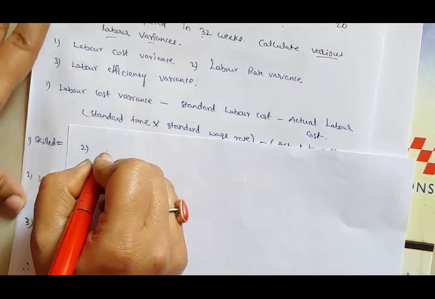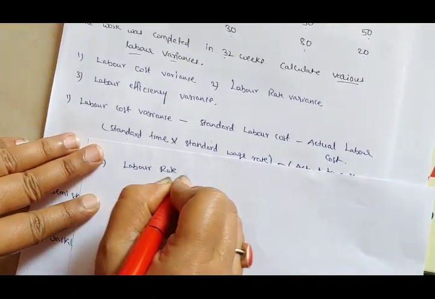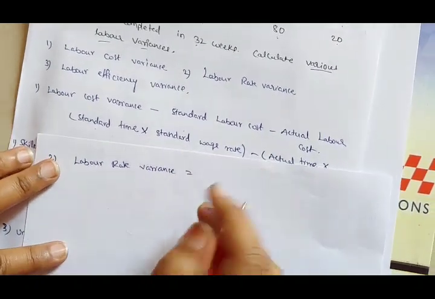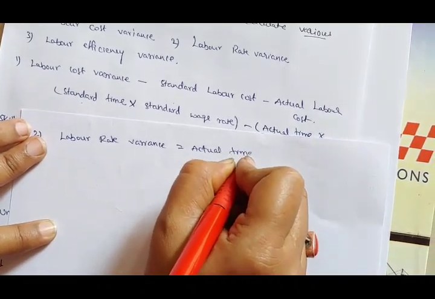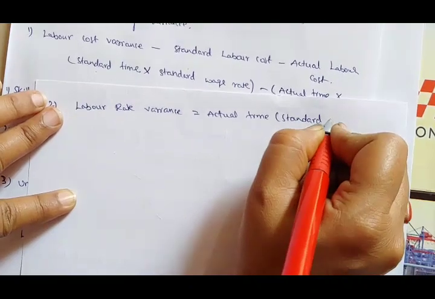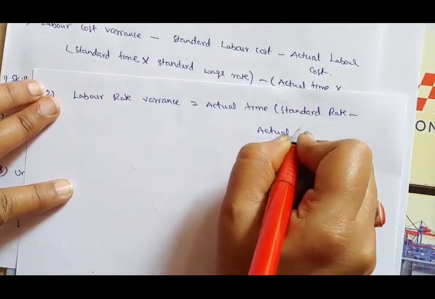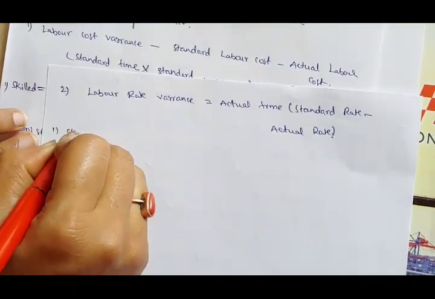Next we have to calculate the labor rate variance. Labor rate variance is equal to actual time into standard rate minus actual rate. First we have to calculate the skilled members.